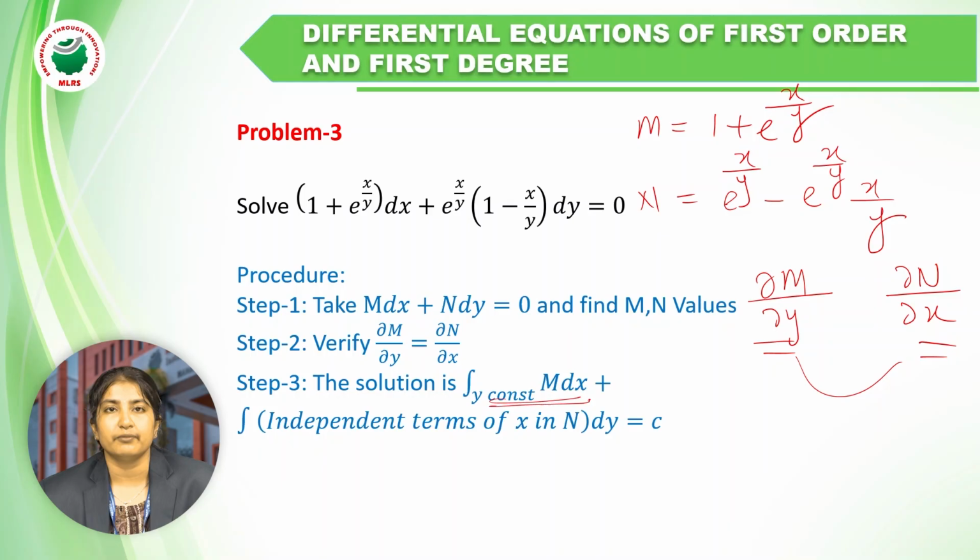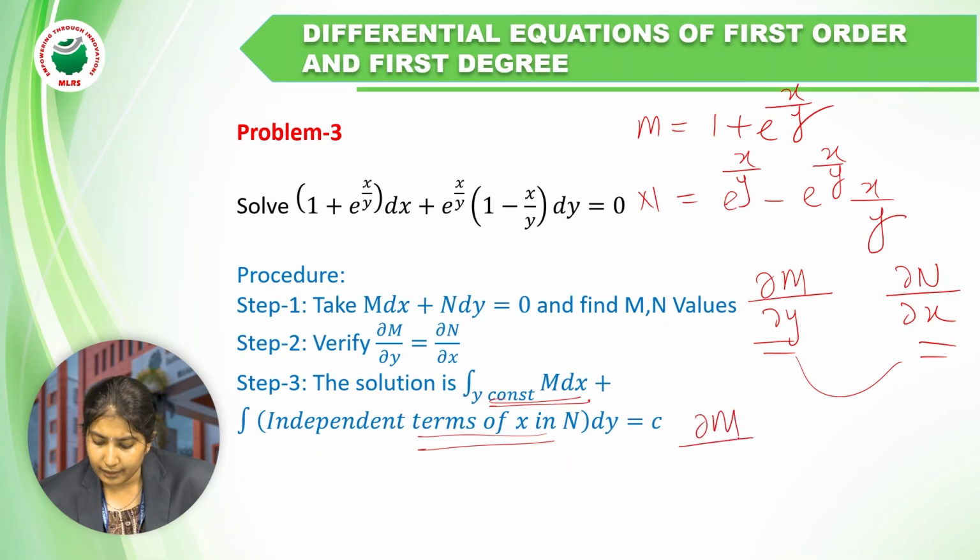That is, in M, y is constant. In N, only those terms of N which are independent of x. So dou M by dou y: if you perform the partial differentiation, you are getting e power x by y. Here y is constant, so differentiation of e power x is e power x by y.